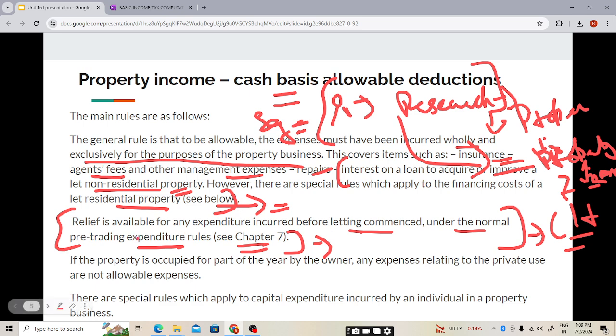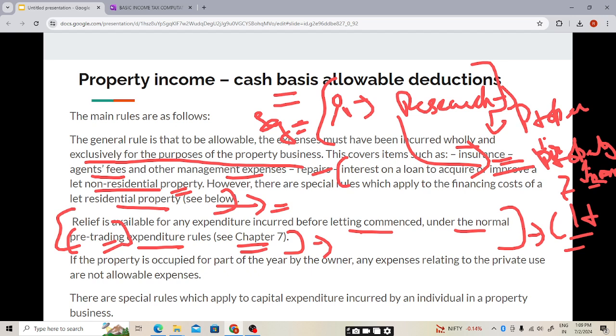Clear with this? What does the word pre-trading mean? Before letting your property, you incurred some expenses. Those expenses are allowed when you let your property and you start earning an income. When it was paid previously, at that time it would not be an allowed expense, and for the taxation you would have faced a loss, because you would pay more income tax.